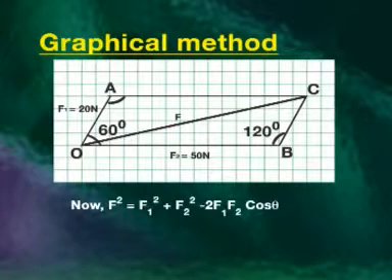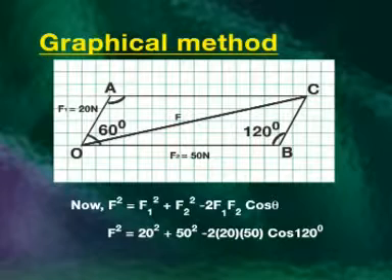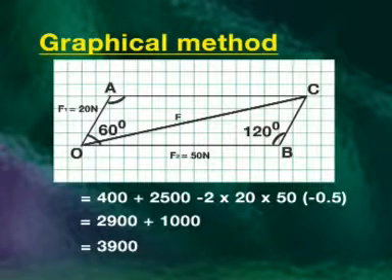Note that theta is the angle facing F. This implies that F squared equals 20 squared plus 50 squared minus 2 times 20 times 50 times cos 120. This gives us 400 plus 2500 minus 2 times 20 times 50 times minus 0.5.